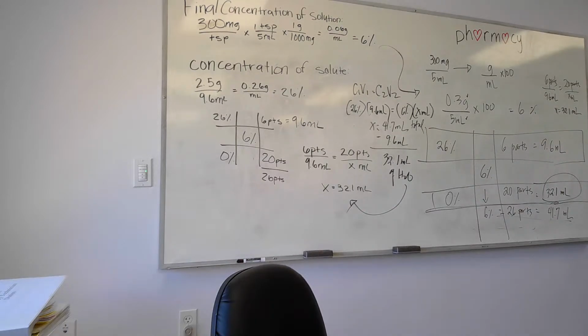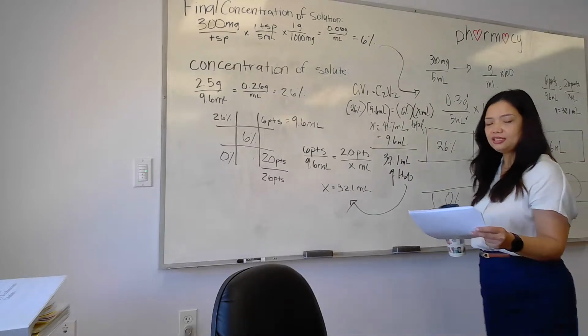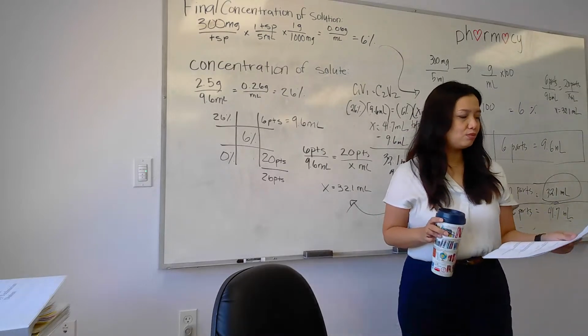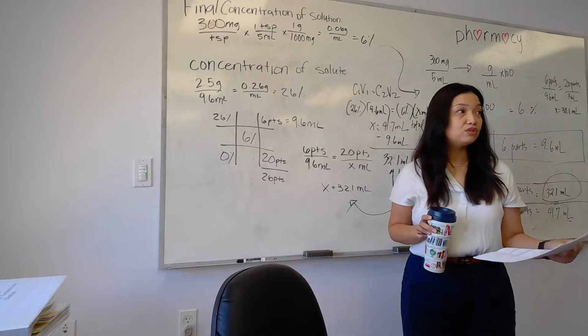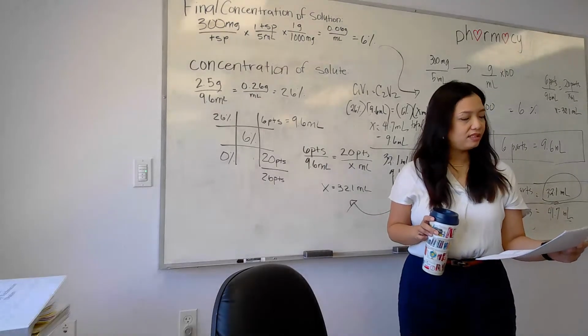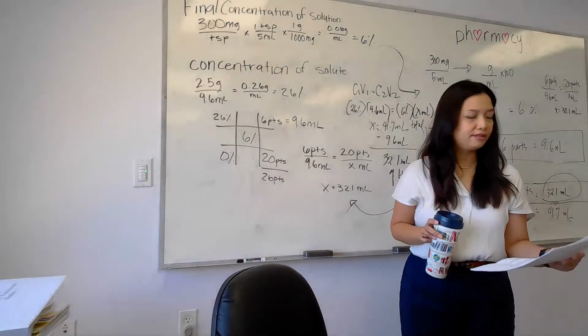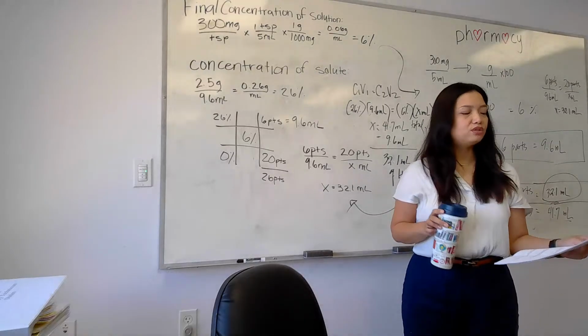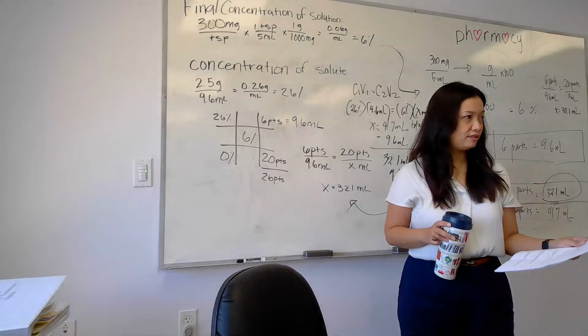This one specifically said use the alligation method, meaning the tic-tac-toe. You need to prepare 60 grams of 3% cream from a 1% cream and a 10% cream, which means what are your two percentages that you need to mix? 1 and 10 to prepare 3%.